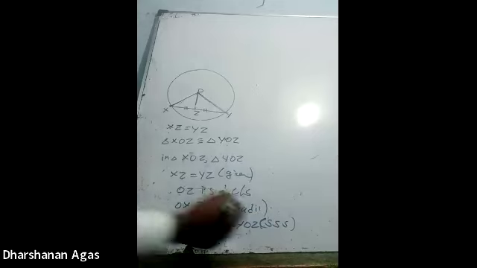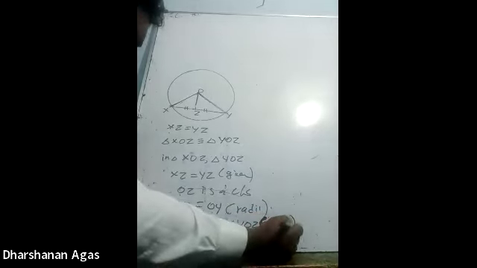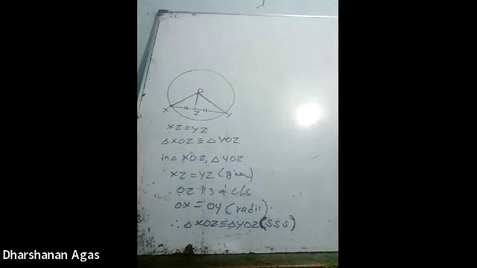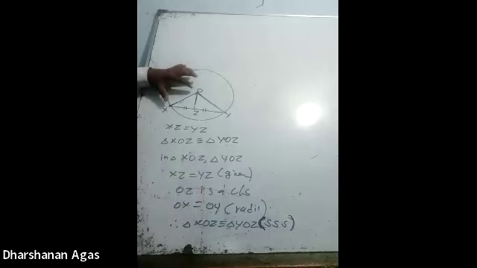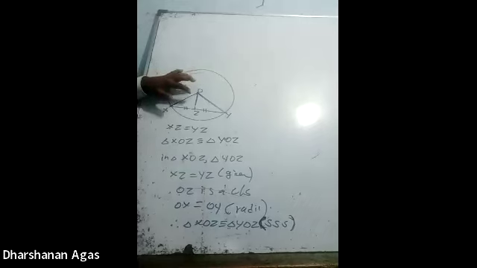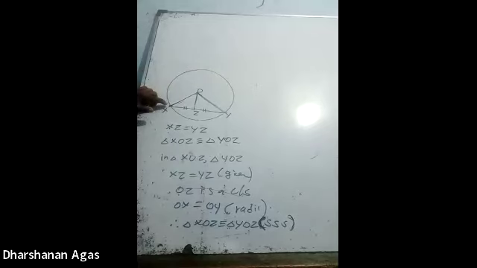Understood, students? See, the variable questions are there. Okay, got it? Excuse me, sir, I have a doubt. How are OX and OY equal, sir? Can you explain? O is the centre, students. When you draw a line from the centre to the circle, that is what we call the radius.